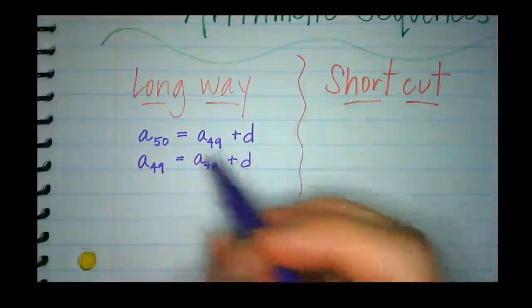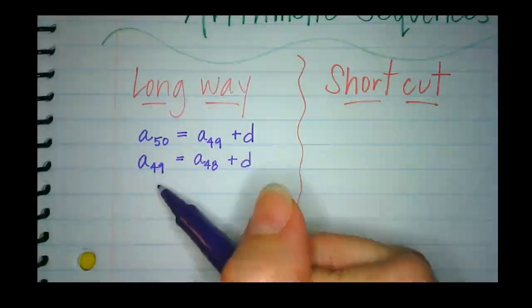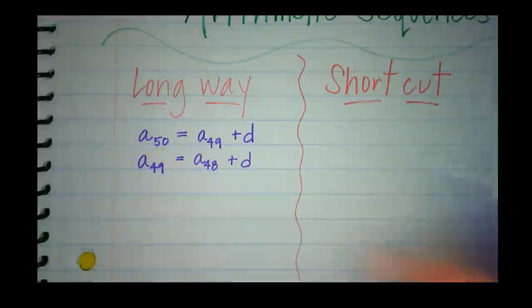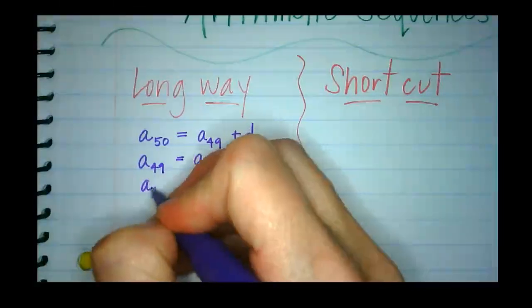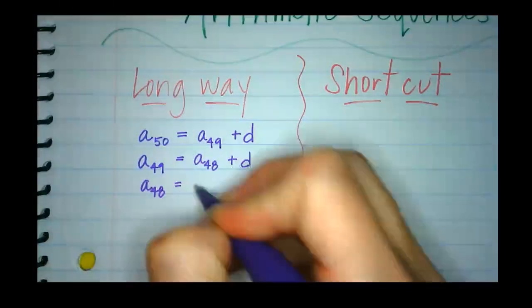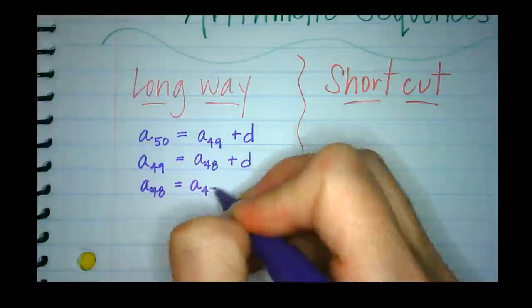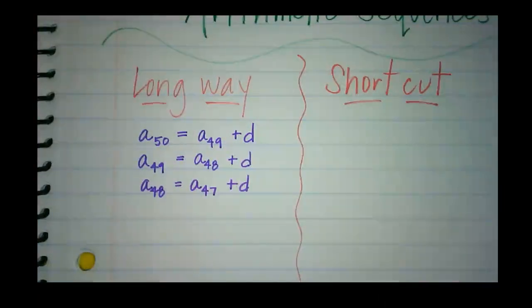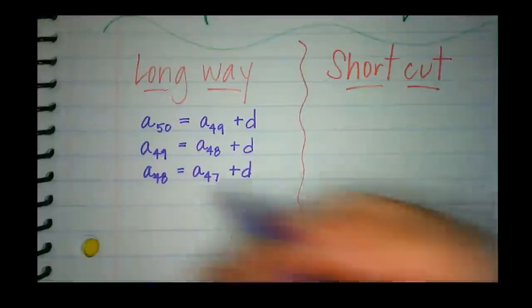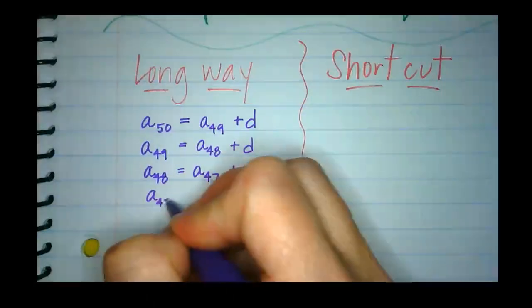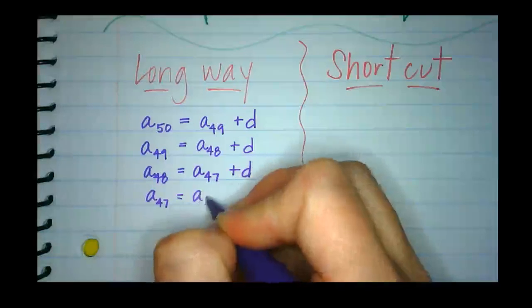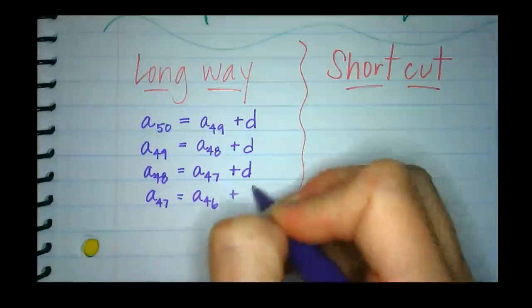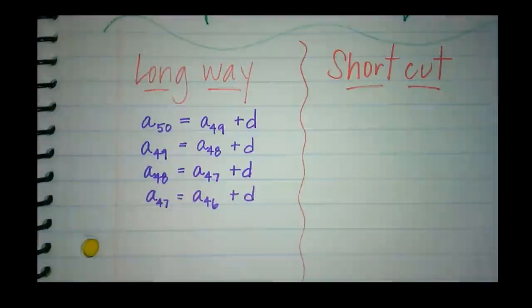But here we have a problem, because in order to get the 49th term, we need to know the 48th term. We don't know the 48th term, but we could get it by taking the 47th term and adding d to it. But here we are again. We don't know the 47th term, but we can get it from the 46th term and adding d, and so on and so on.